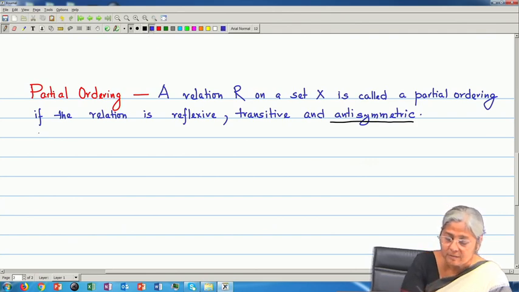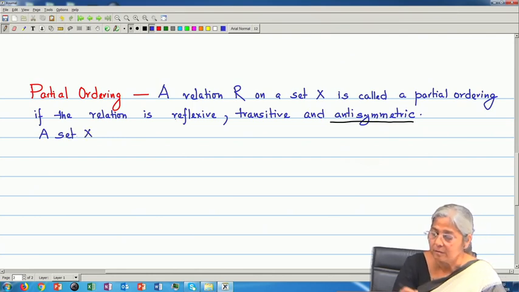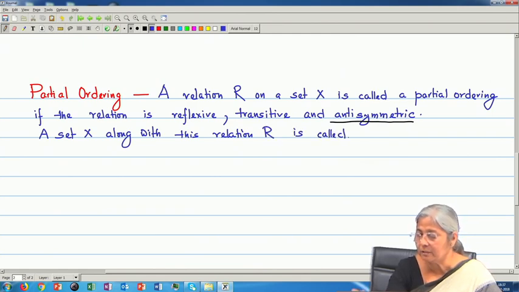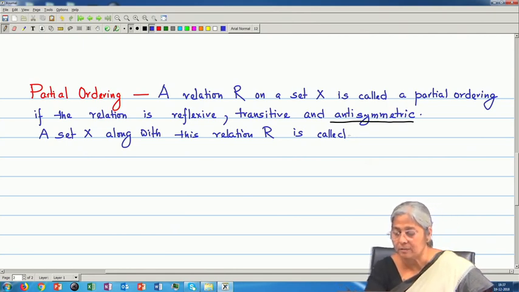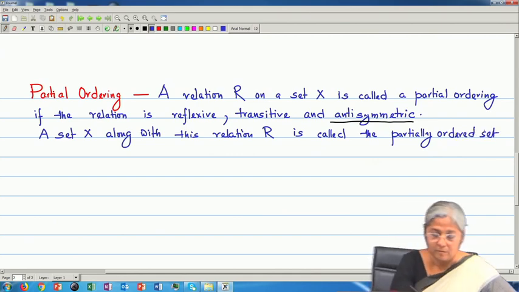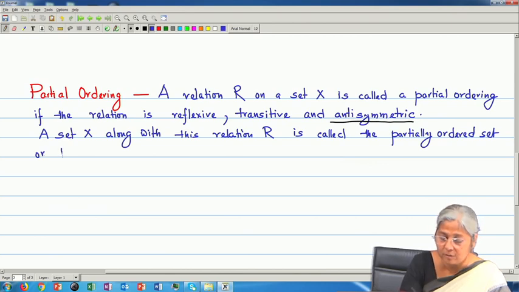Now, a set X along with this relation R is called a partially ordered set, or more commonly the term used is poset.